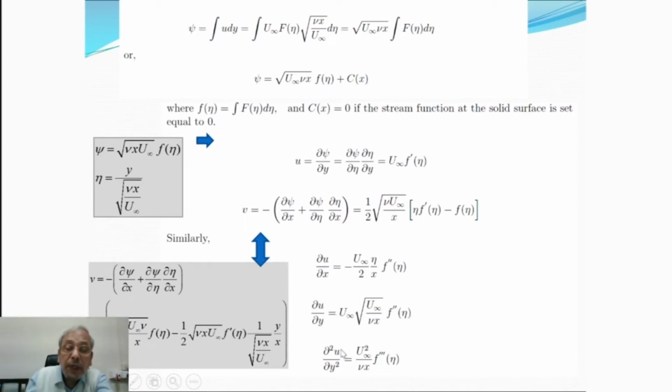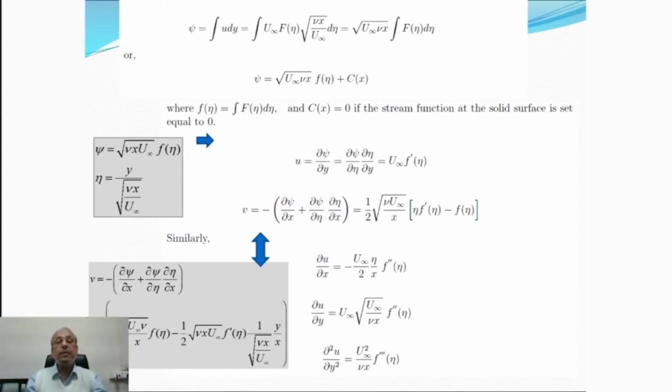Del 2u del y2, we differentiate del u del y again, that means we differentiate this quantity with respect to eta, and then again del eta del y. So we will get u infinity square by nu x into f triple prime eta.